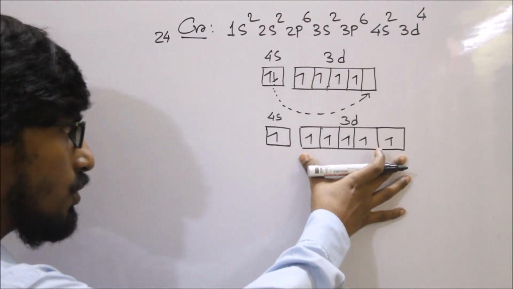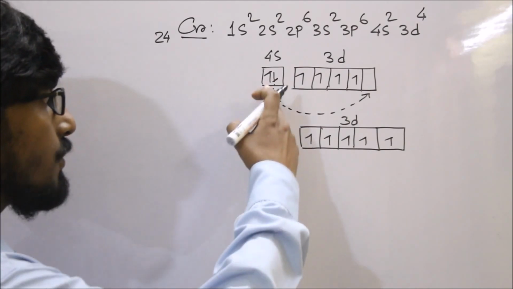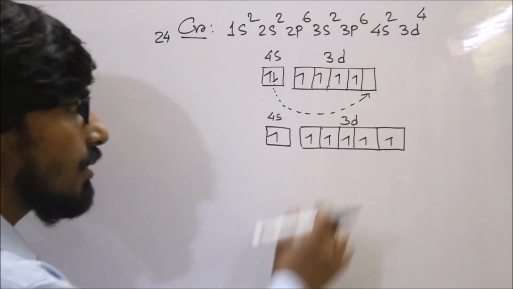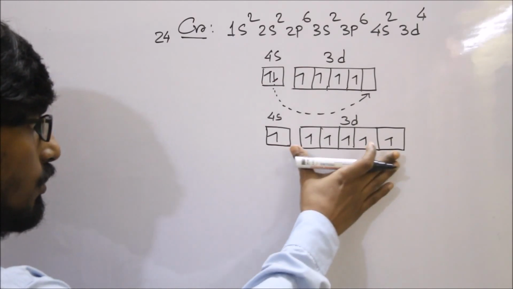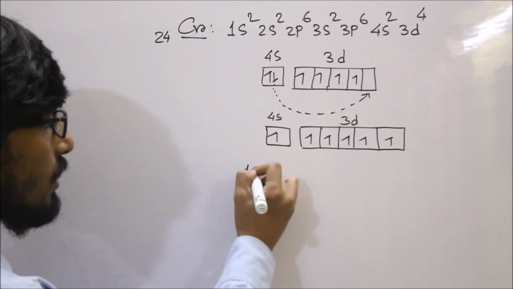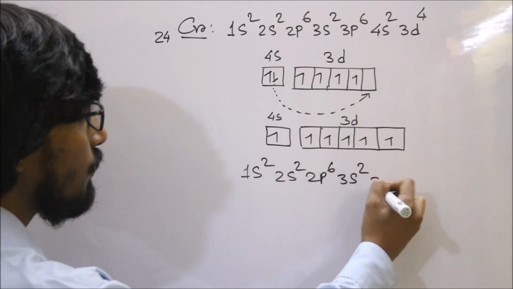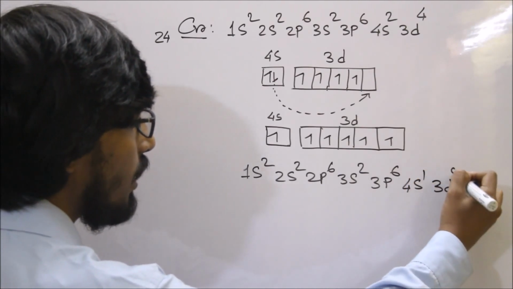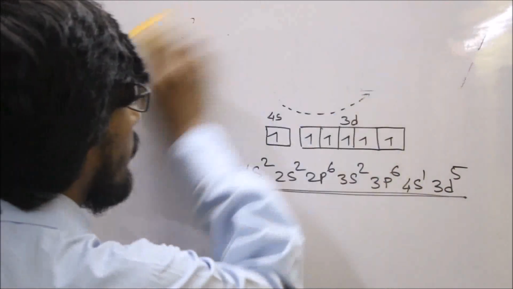According to Hund's rule, half filled orbitals are more stable. So the electron jumps from 4s to 3d and forms half filled 3d orbitals, and this is stable. So that is why chromium has the electronic configuration 1s2, 2s2, 2p6, 3s2, 3p6, 4s1 and 3d5. This is chromium's original electronic configuration.